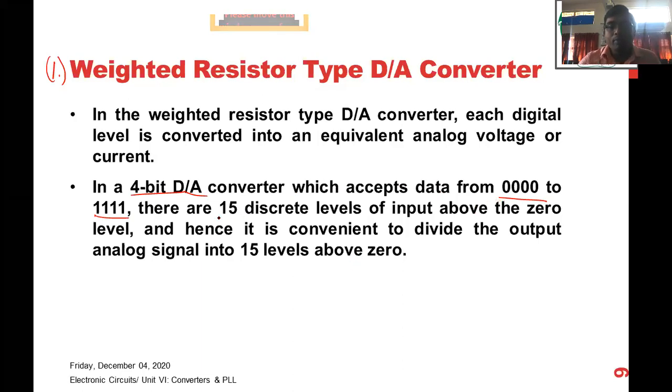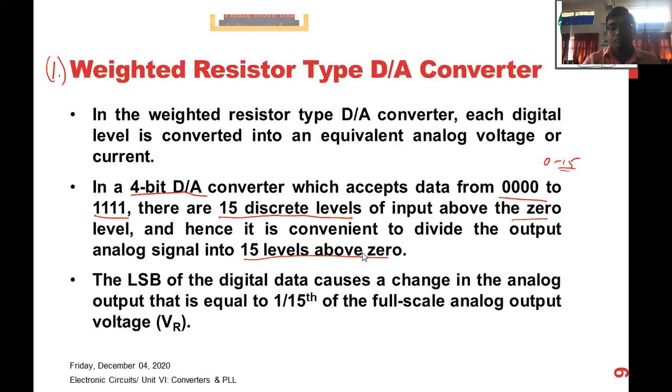So there are 15 discrete levels above the 0. 2 raised to the power 4 means 16, but we take the input data from 0 to 15. Above the 0 there are 15 discrete levels, and one is the 0 level, so a total of 16 levels. Hence, it is convenient to divide the output analog into the 15 levels above the 0.